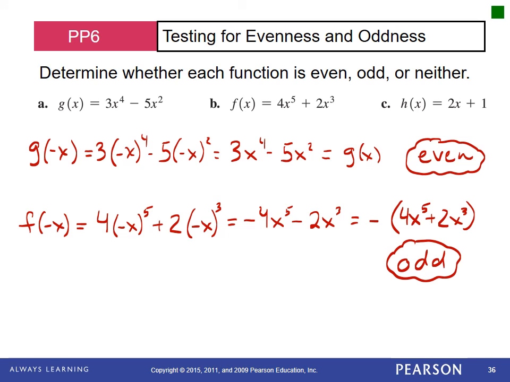All right, plugging in a negative x here. Again, taking something to the 5th power leaves the negative there, so it'd be a negative 4x to the 5th. Taking something to the 3rd power obviously leaves the negative there, so we're going to put the negative out front.